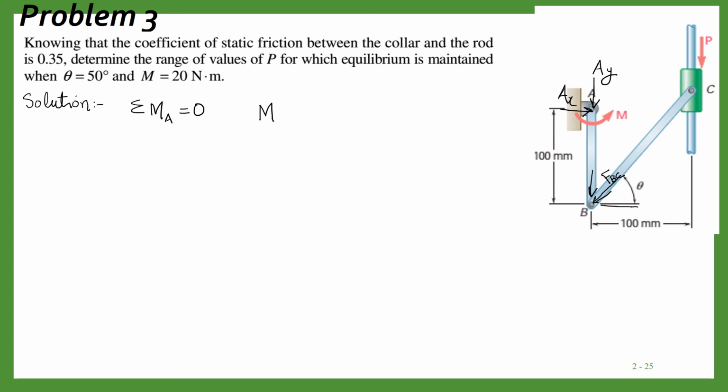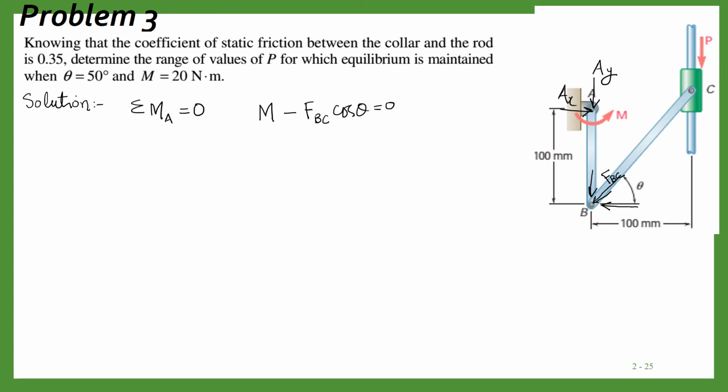One component will be here and one component will be here. The moment because of this vertical component will be 0, so we will have only this, and this moment is opposite to this, so we can write minus FBC cos theta is equal to 0.